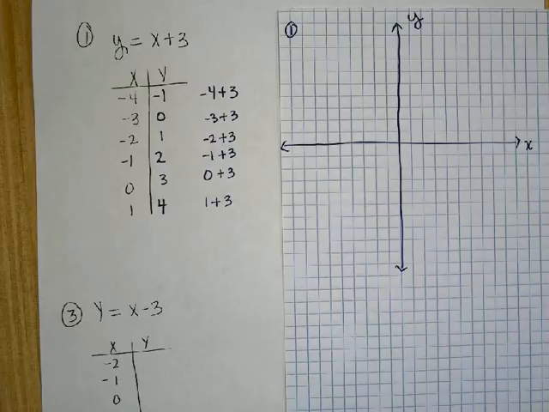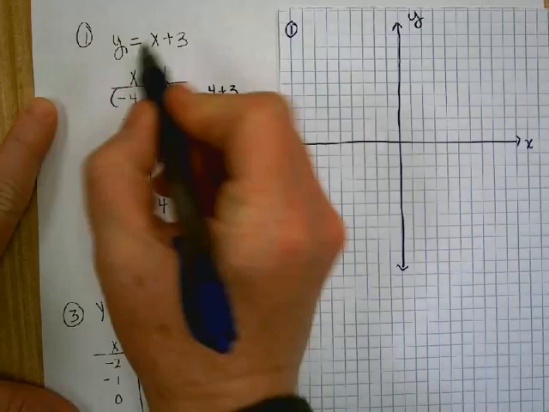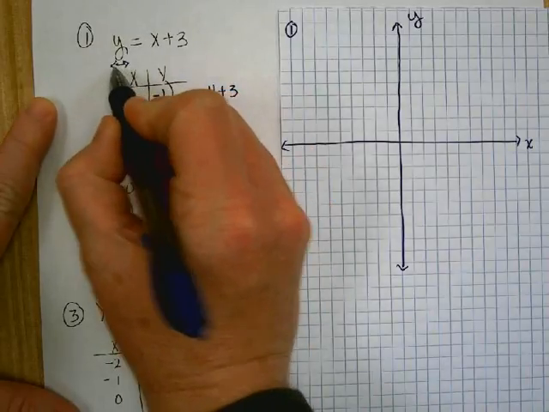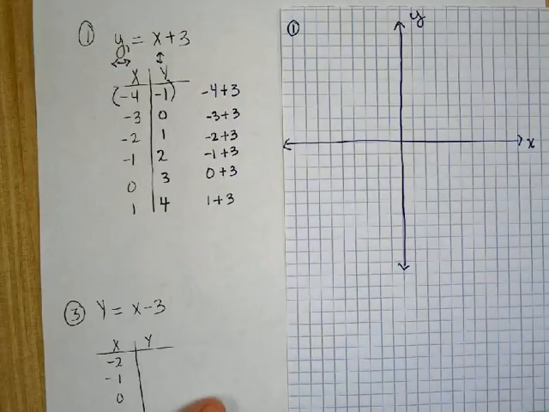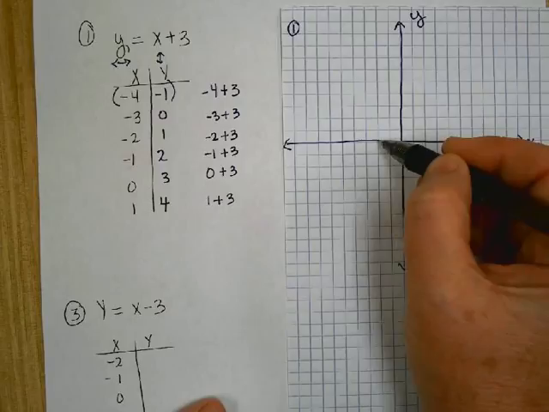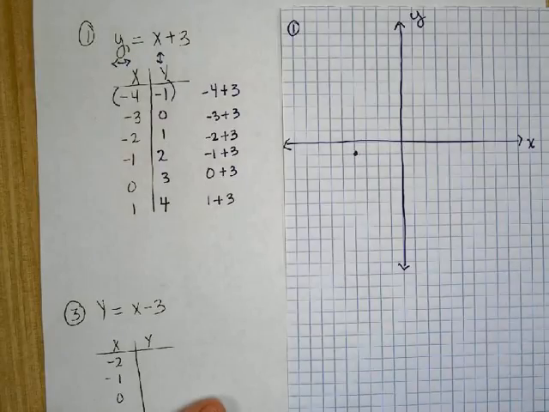The first one is negative 4, negative 1. Now remember, this tells you how far to move left and right, and this one tells you how far to move up and down. So the first point is at negative 4, negative 1. Everybody caught up with me?